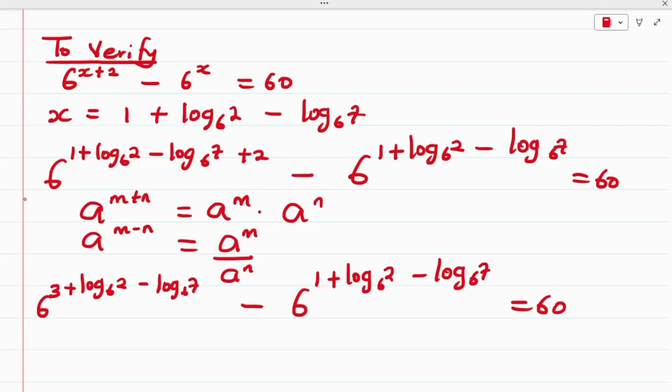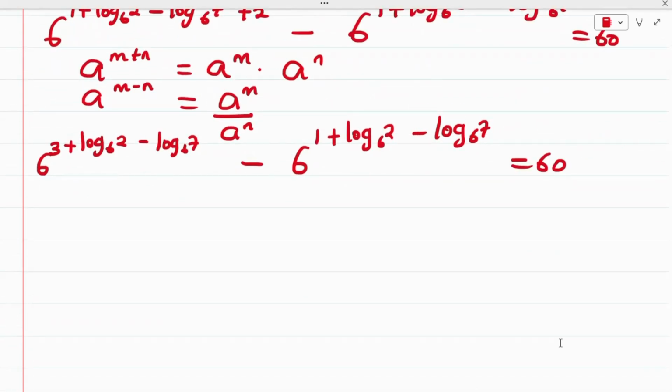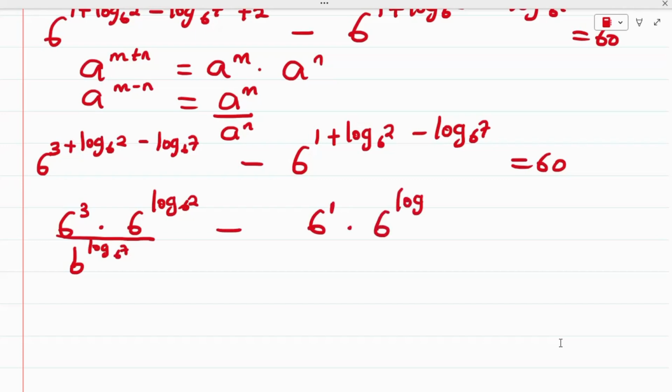So applying this exponent property right here, we have 6 raised to the power of 3 multiplied by 6 raised to the power of log 2 base 6, all over 6 raised to the power of log 7 base 6, minus 6 raised to the power of 1 multiplied by 6 raised to the power of log 2 base 6, all over 6 raised to the power of log 7 base 6, and this is equal to 60.